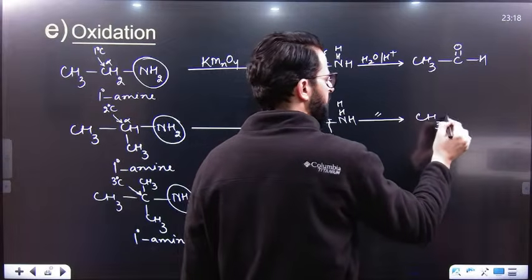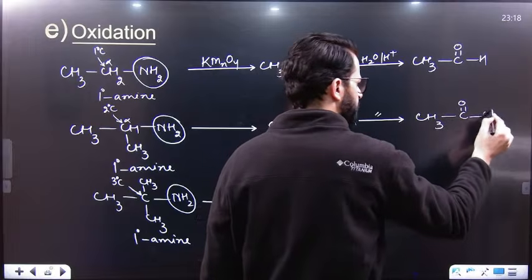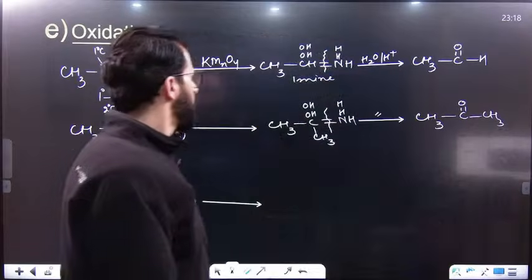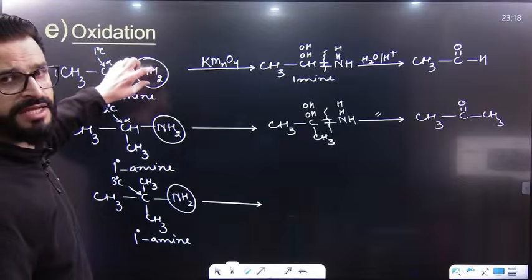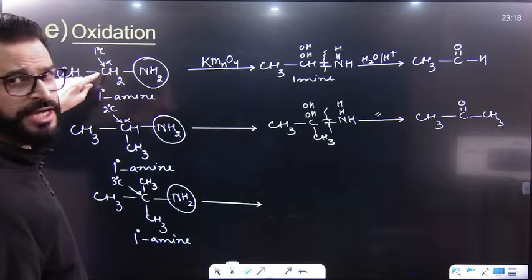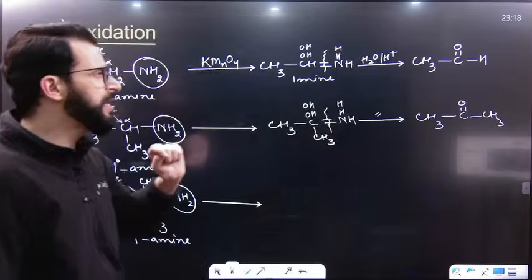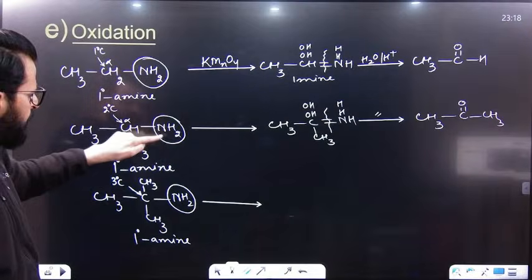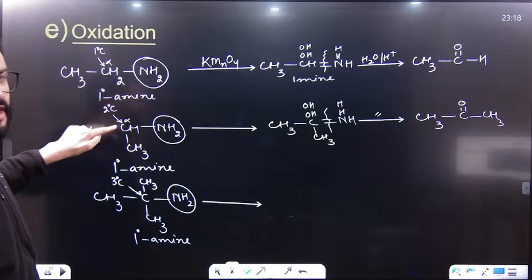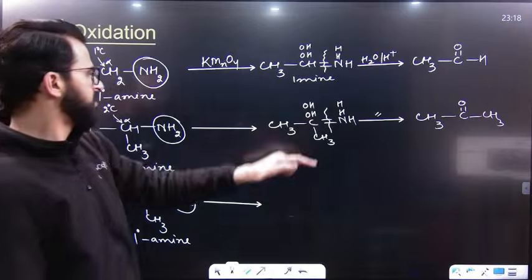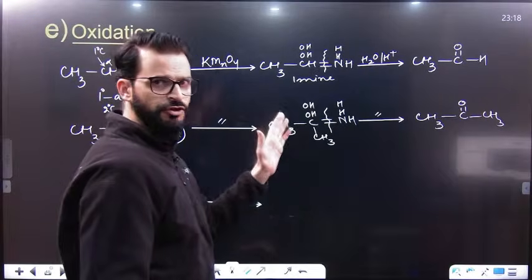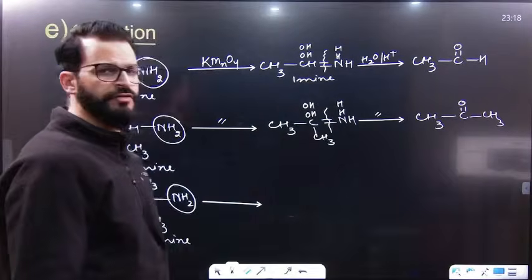So remember forever, if the primary amine is such that the NH2 group is attached to a primary carbon, by doing this reaction we will get an aldehyde. And if the primary amine is such that NH2 is attached to a secondary carbon, by first oxidation and then hydrolysis, we will get a ketone.